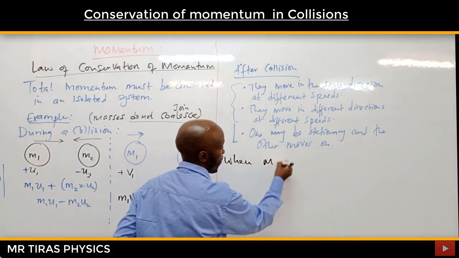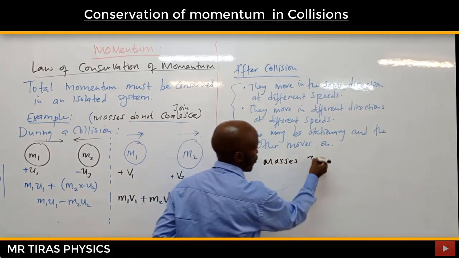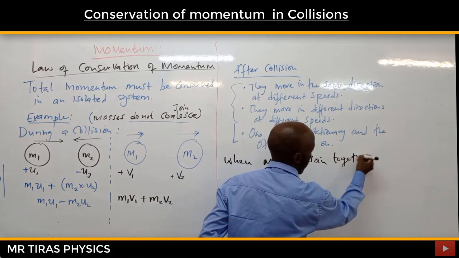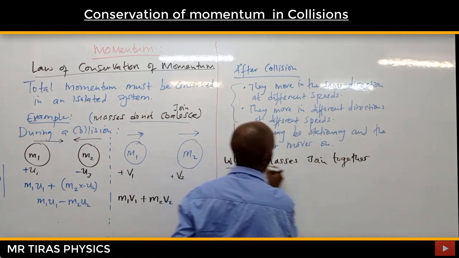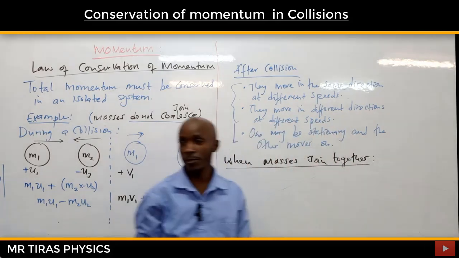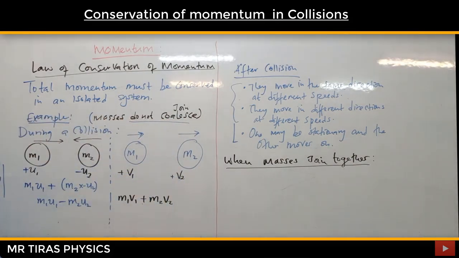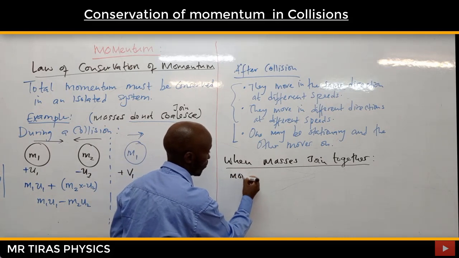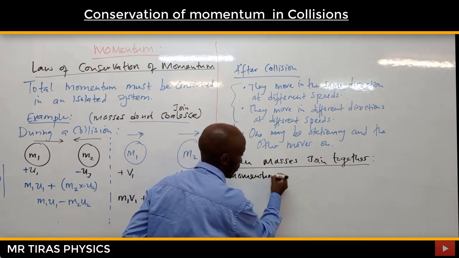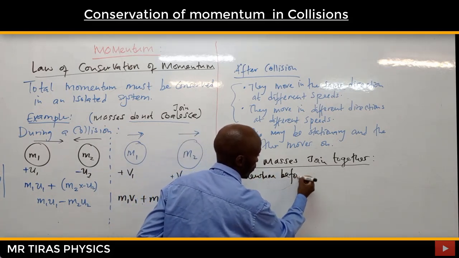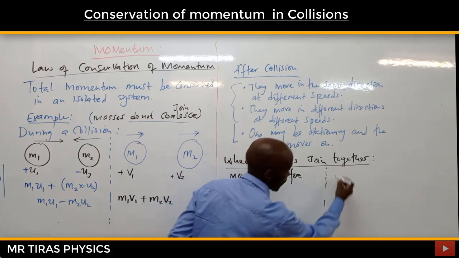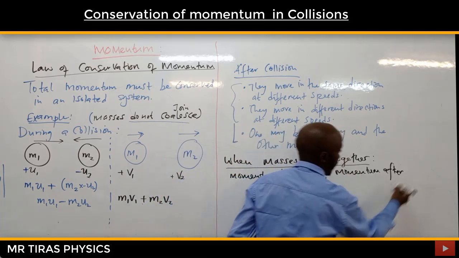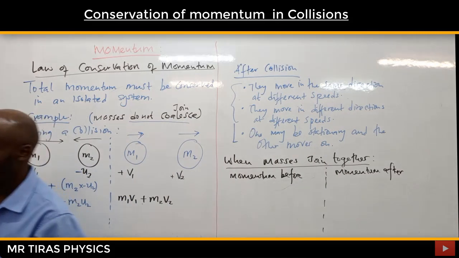All right. So what if they join together? When masses join together, let's suppose we have momentum on this side before, and then we're going to have momentum after on the other side.